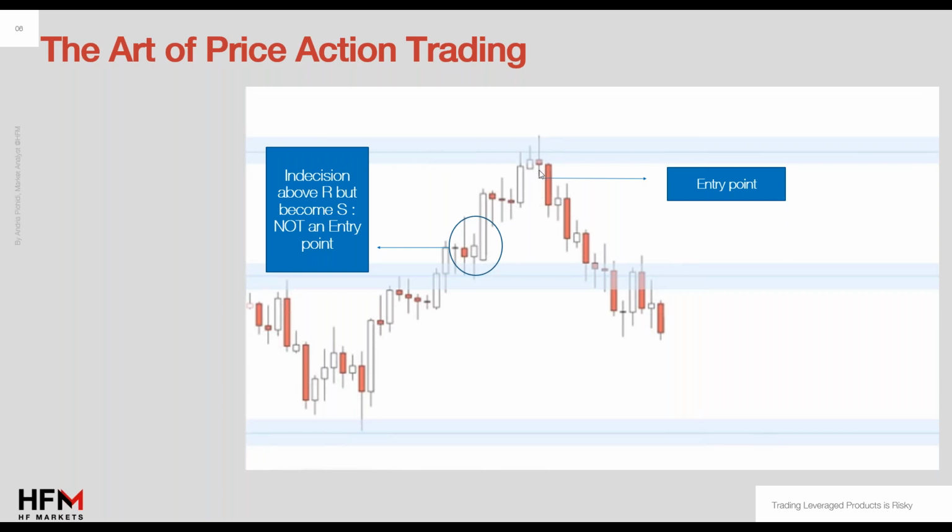This tail over here could act as your entry point for a pending position, because we had indecision on the resistance level.